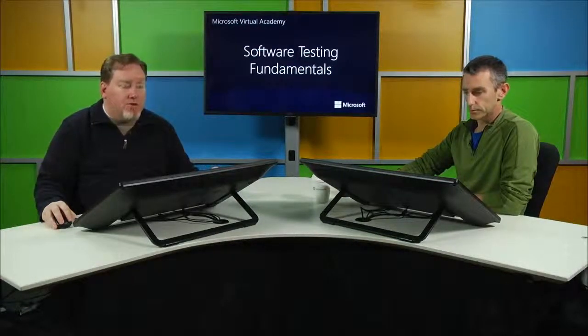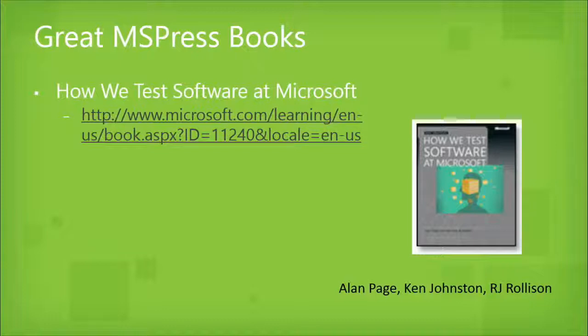But before we do so, I want to tell you a little bit about a Microsoft Press book that's very, very important, especially for those people that are either looking at becoming a tester or those that are currently testers. How We Test Software at Microsoft. This is available on Microsoft.com/learning. If you go into the book section, you're able to order it there, but you can also order it elsewhere. Now, let me tell you a little bit about this book.